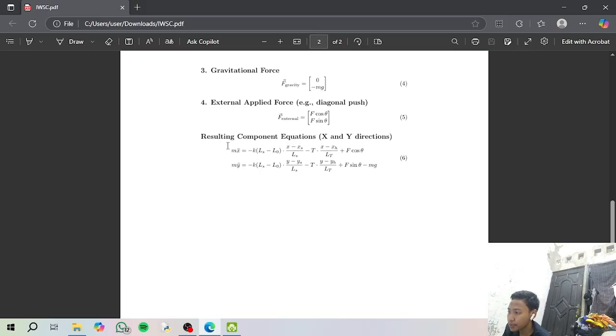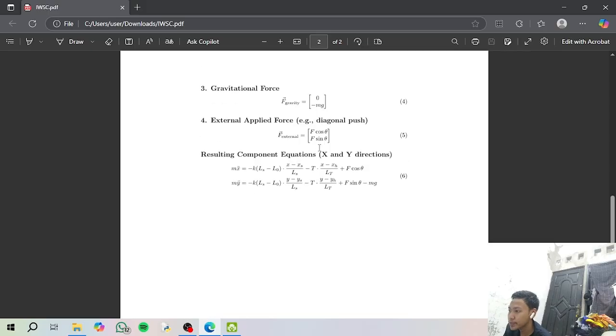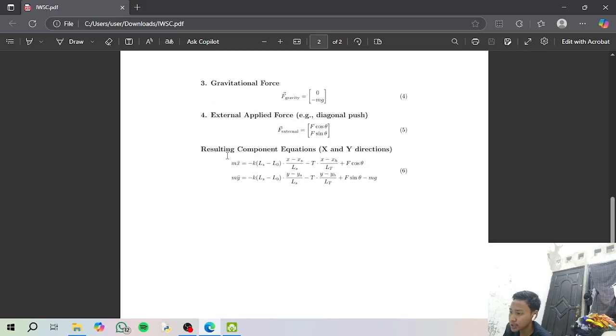Well, we put it into Newton's second law, m x double dot, which is the mass times the acceleration in the x direction, equals the force from the spring, the tension force, and the applied force.